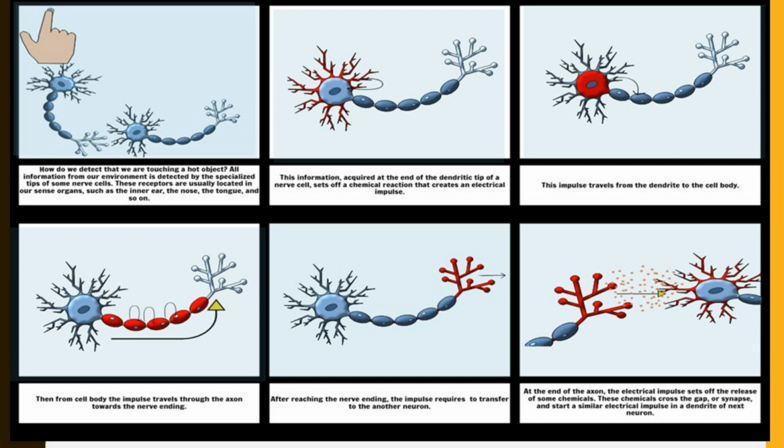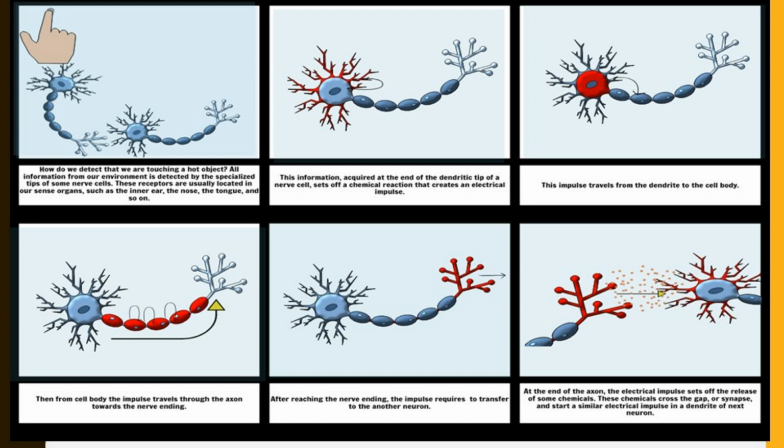At the end of the axon, the electrical impulse sets off the release of some chemicals. These chemicals cross the gap or synapse and start a similar electrical impulse in a dendrite of the next neuron. This is a general scheme of how a nervous impulse travels in the body.